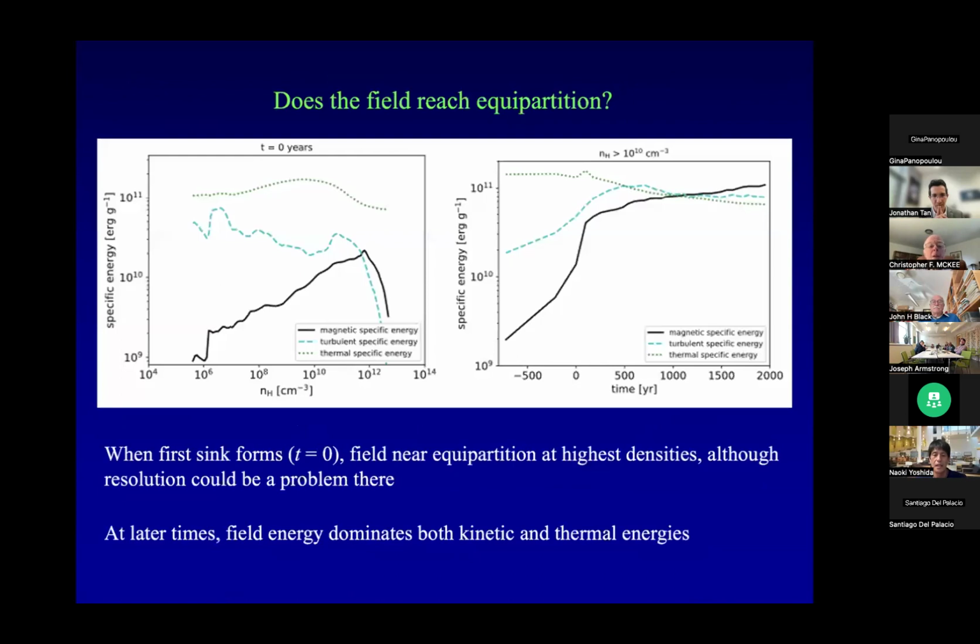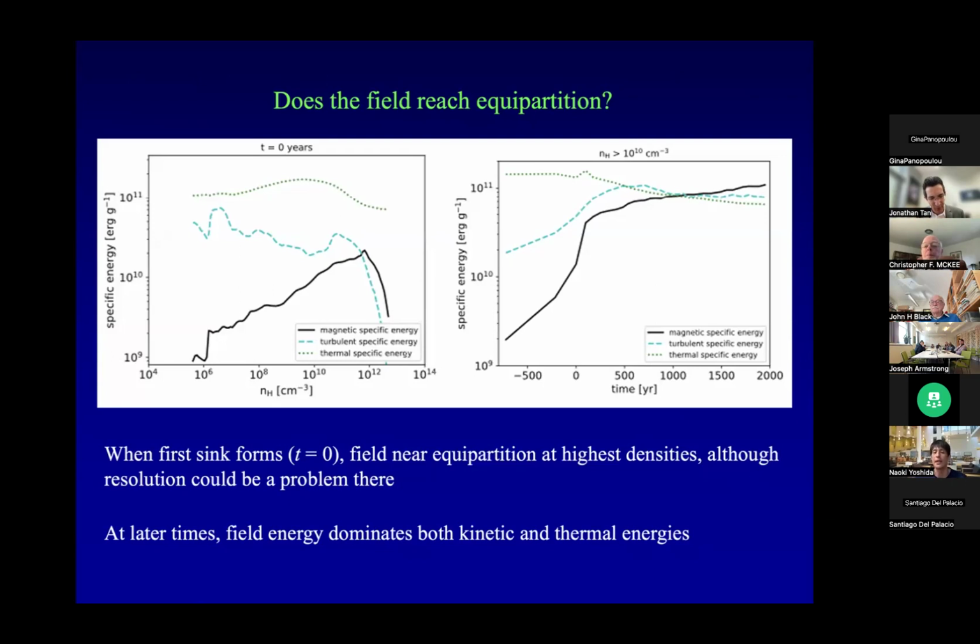Yeah, there you can see, if you look at the left, the thermal specific energy is the green. So that is large compared to the kinetic energy. So at least in our simulation, it's closer to Kolmogorov than to Burgers. Okay.